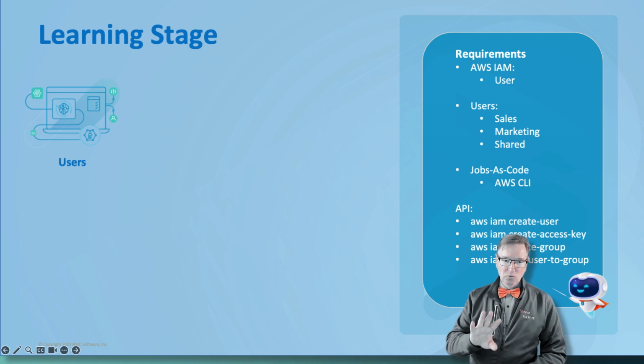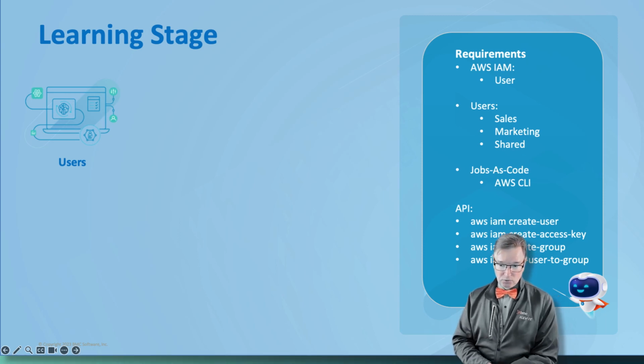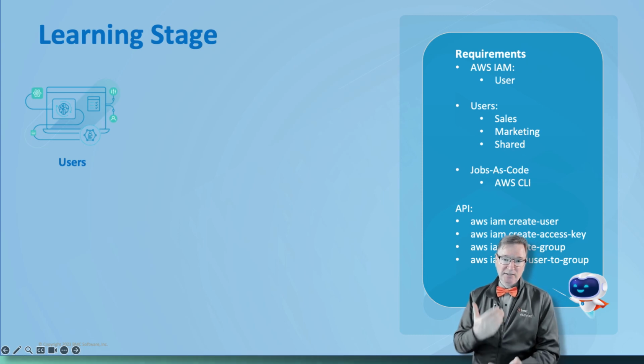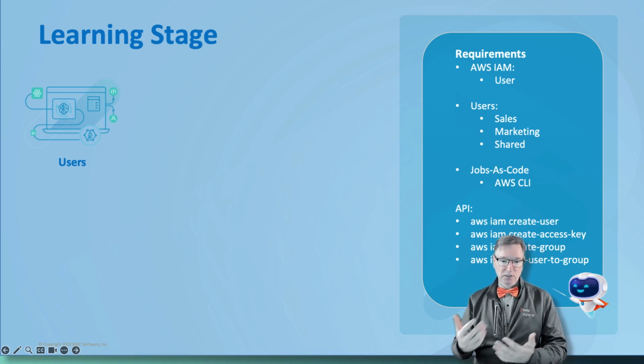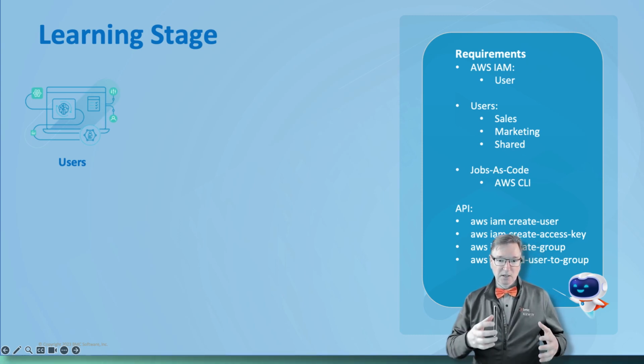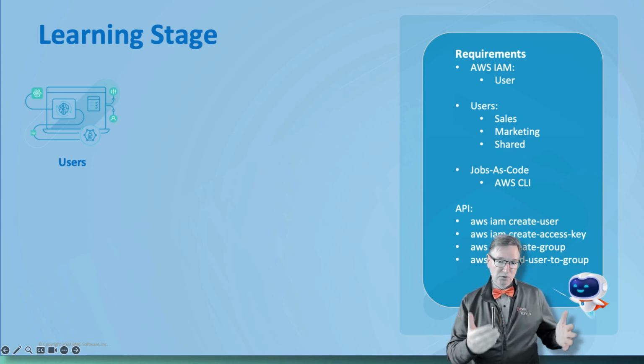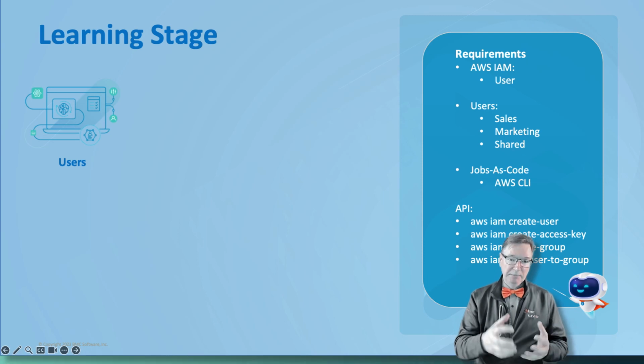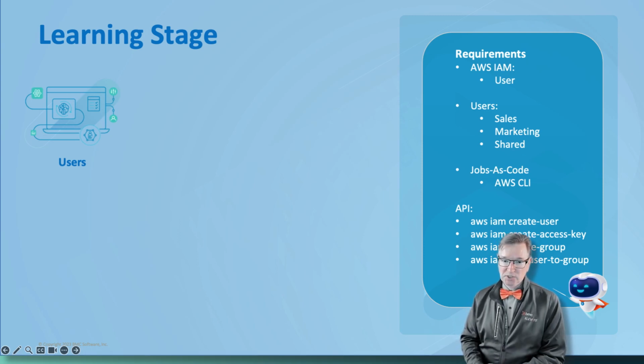We add also 2 more calls, which is creating a group as well as adding the user to the group. Best practice when we access resources from the outside, or generally speaking, grant access to a resource, is to grant it to a group and put users in that group. That makes your administration and your management so much easier.